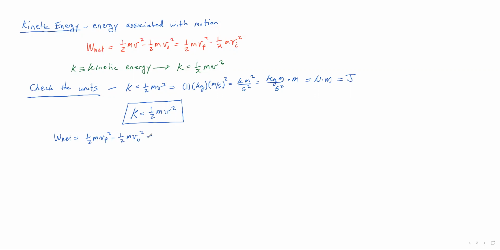Well, what's that equal to? That's just Kf, your final kinetic energy, minus Ki, your initial kinetic energy. One can say that that's just the change in kinetic energy, delta K. So this leads us to something called the Work-Kinetic Energy Theorem.